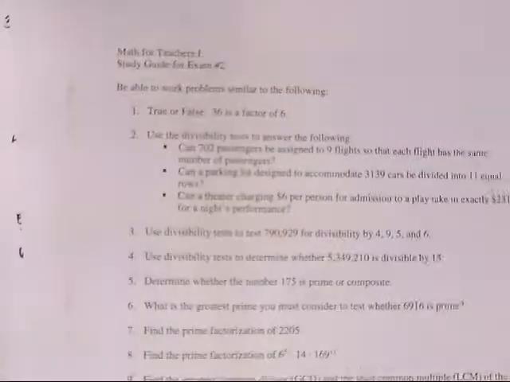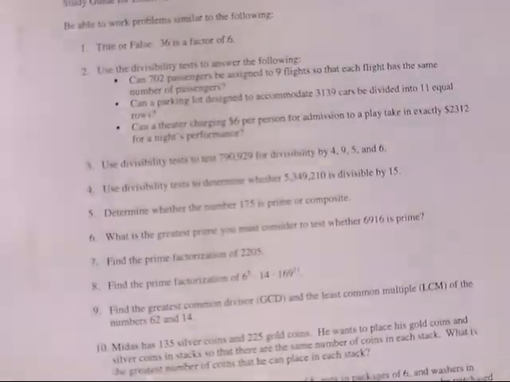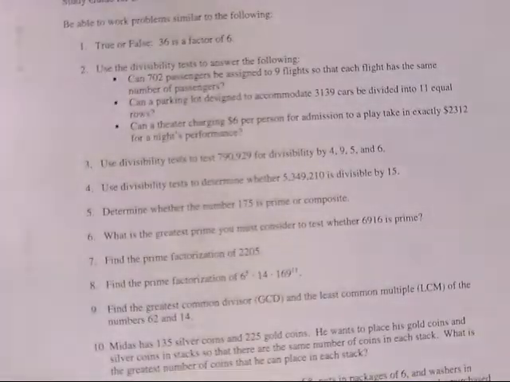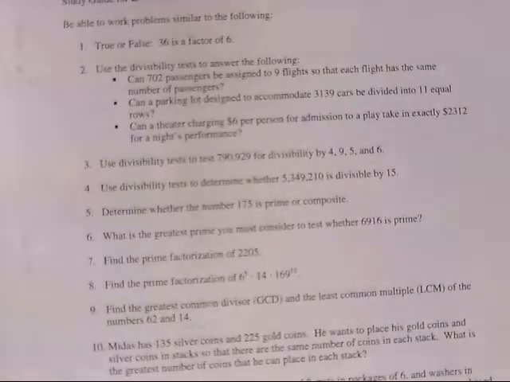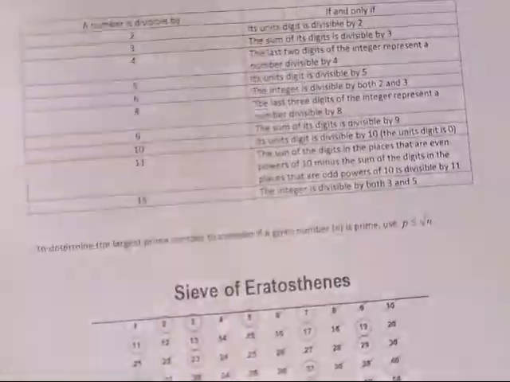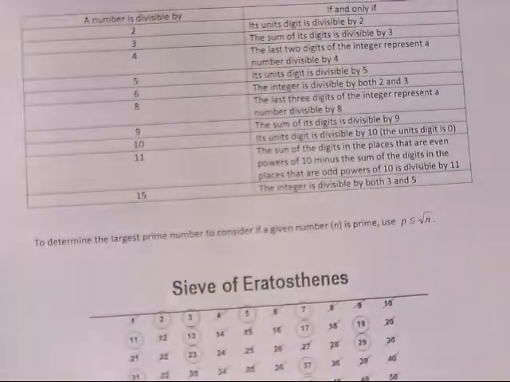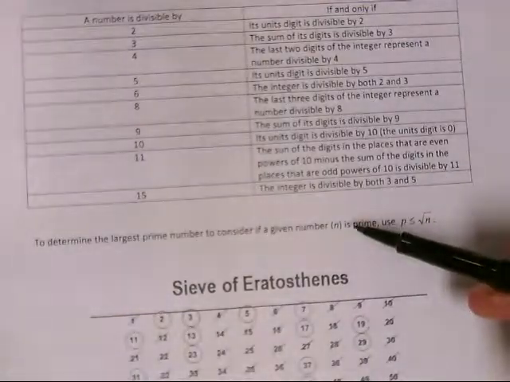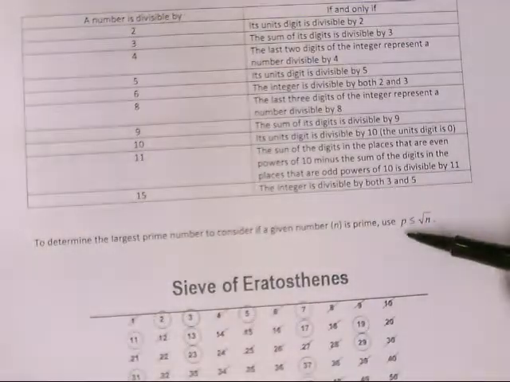Number 6. What is the greatest prime you must consider to test whether 6,916 is prime? Alright, in this case here, to determine the largest prime number to consider if a given number, n, is prime, we're going to use this.